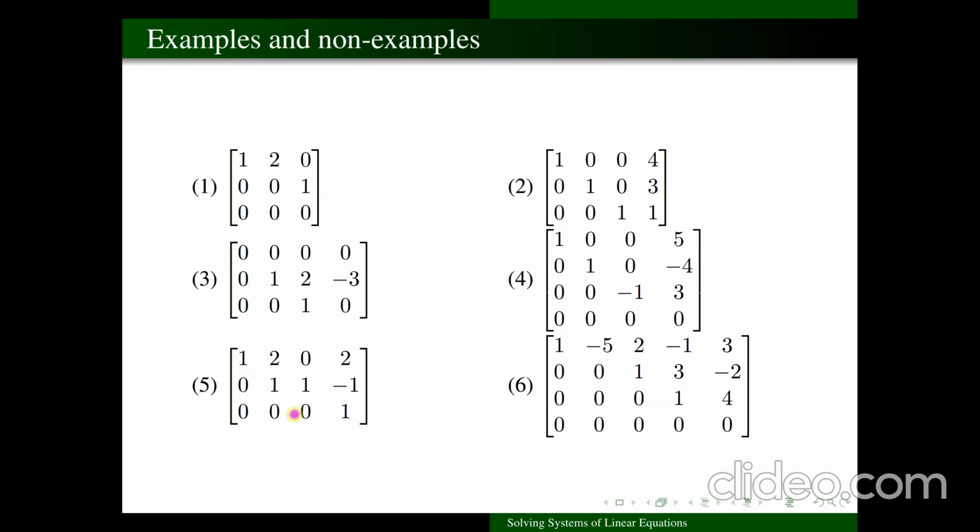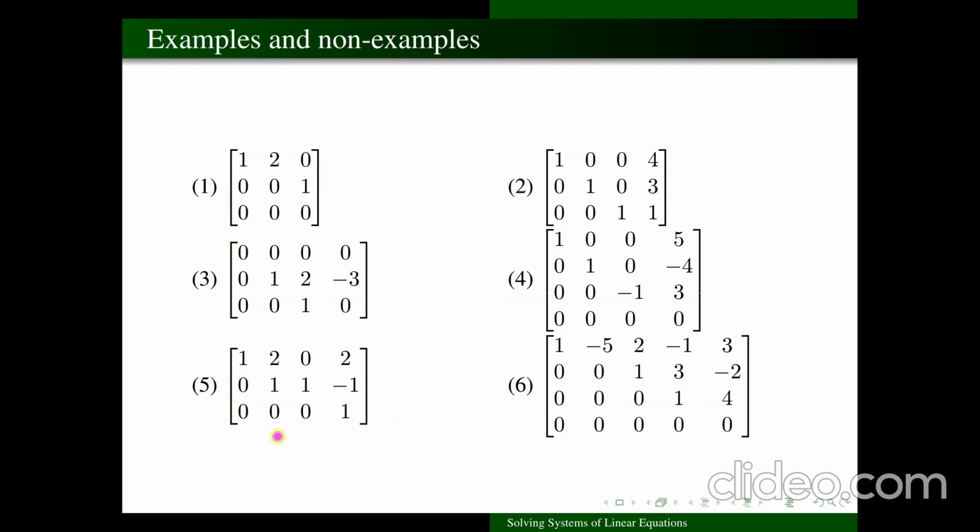Here, here, and here. So condition 2 is okay. In row 2, the leading entry lies to the right of the leading entry of row 1. And in row 3, the leading entry lies to the right of the leading entry of row 2. So condition 3 is satisfied.